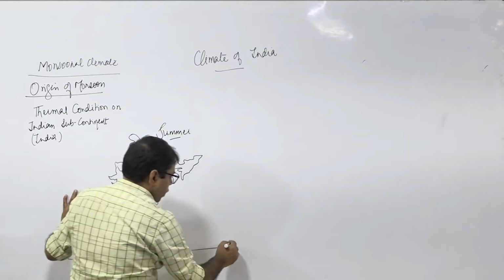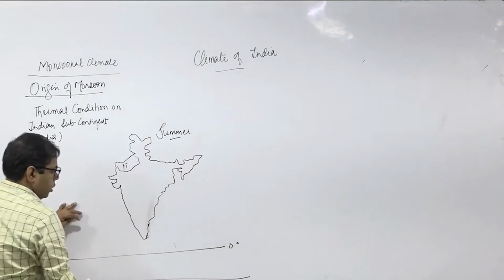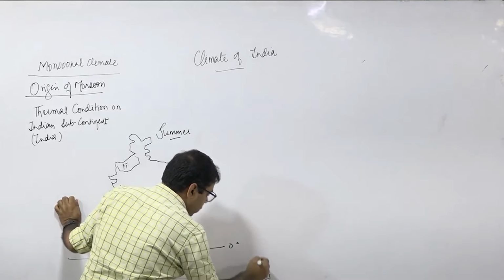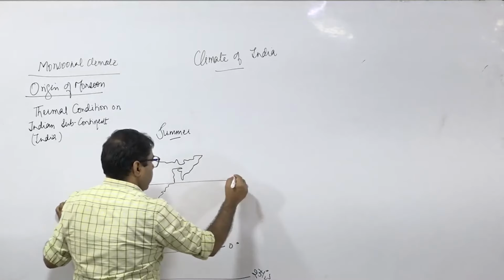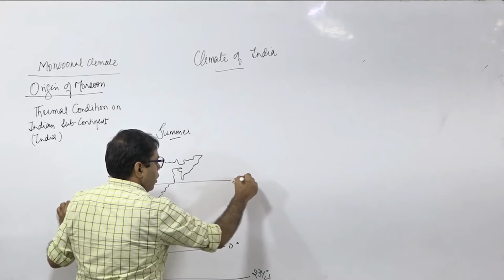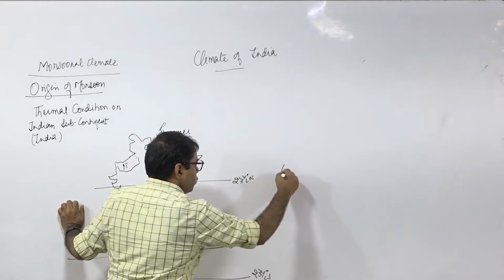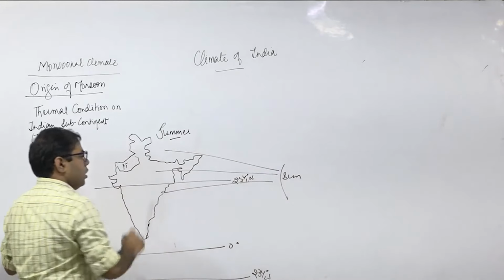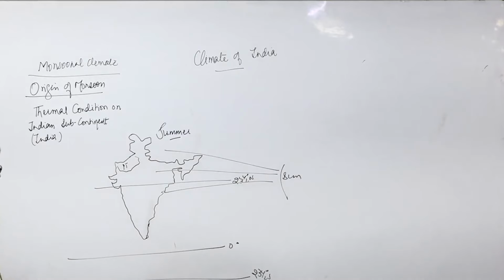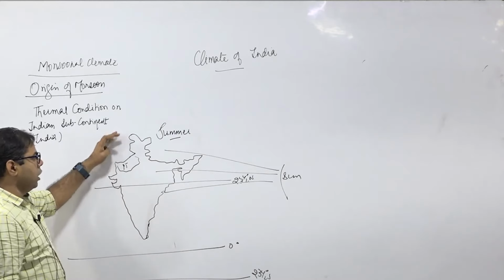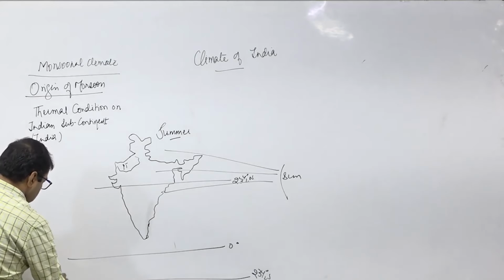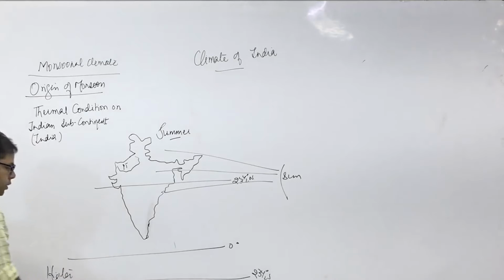Over the 0 degree, this is the Tropic of Capricorn, here Tropic of Cancer, and this is the position of the sun. There will be vertical rays, and summer of the northern hemisphere means winter of the southern hemisphere.